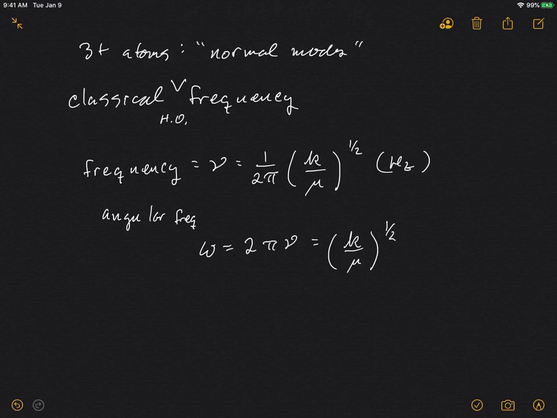Another thing that we can do is, now that we have this relationship, we can also flip this around, and we can say wherever k shows up in an expression, we can replace it with k equals mu omega squared.